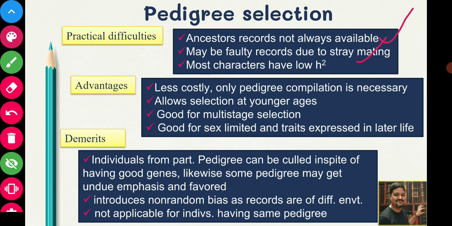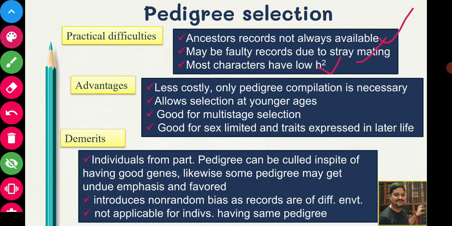Then, most characters have low heritability. In pedigree selection, the condition is that the heritability of the trait should be high. If heritability is high, only then will the trait be transmitted to the next generation. If it is low, there is less chance of transmission of the trait to the next generation.